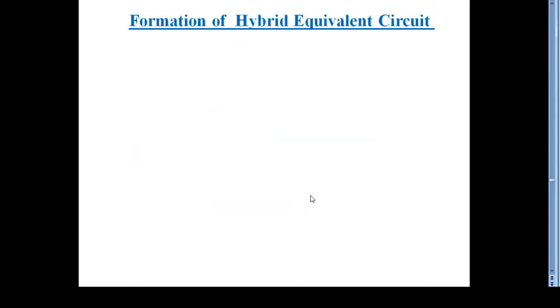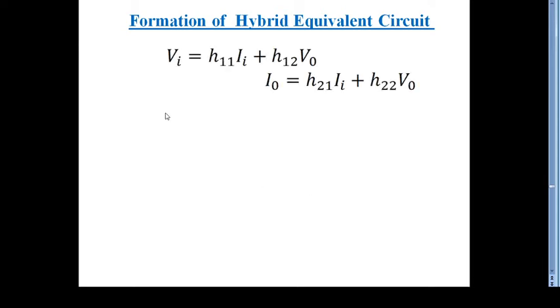Okay, now the formation of a hybrid equivalent circuit. How to form the hybrid equivalent circuit of a BJT? So first you think about these two parameters I am writing. Initially this H parameter is in matrix form. Now we can write it in terms of two linear equations. Okay, is it okay?